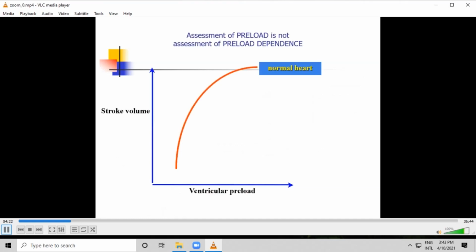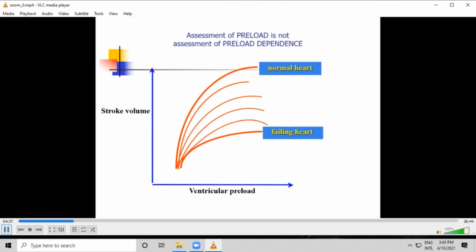Here we see two variables, stroke volume versus ventricular preload. See the curve of the normal heart, and here the curve of the failing heart, and in between these two, various curves. So what does it signify? That a particular increase in preload may produce an appreciable increase in stroke volume in the normal heart, but not the expected increase in the failing heart.